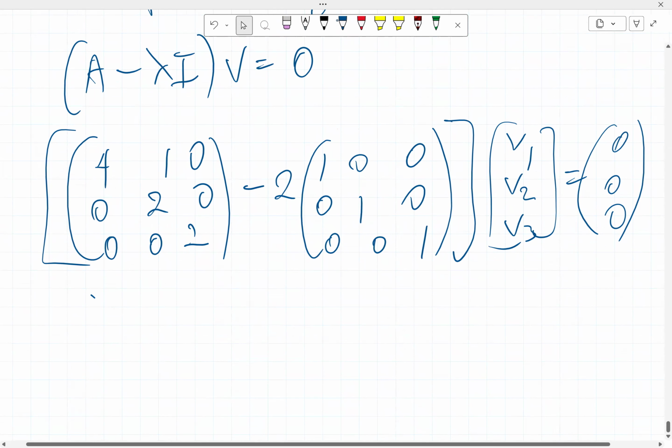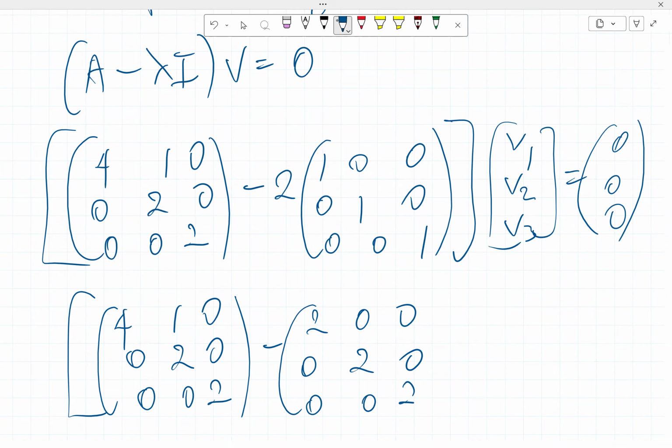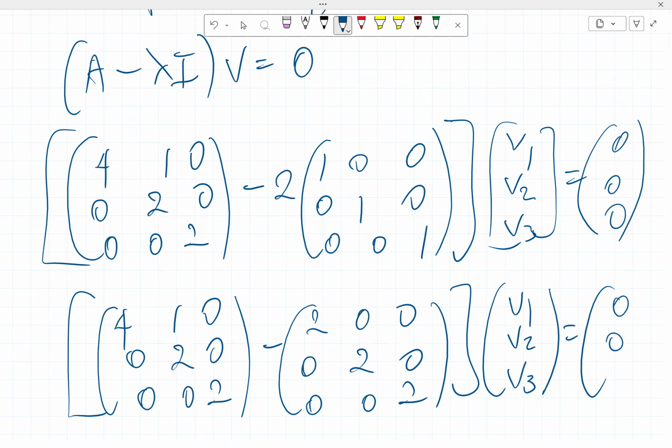So now we have v1, v2, v3 equals the zero column vector, 0, 0, 0. Then that means we have 4, 1, 0, 0, 2, 0, 0, 0, 2 minus 2, 0, 0, 0, 2, 0, 0, 0, 2, into v1, v2, v3, equal to 0, 0, 0.